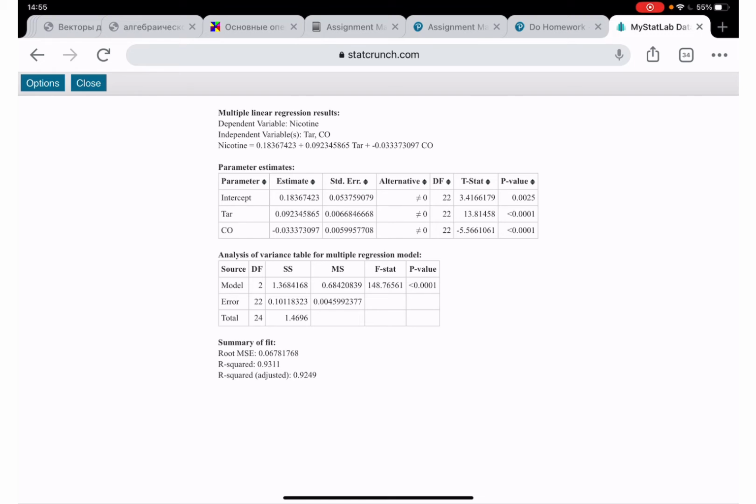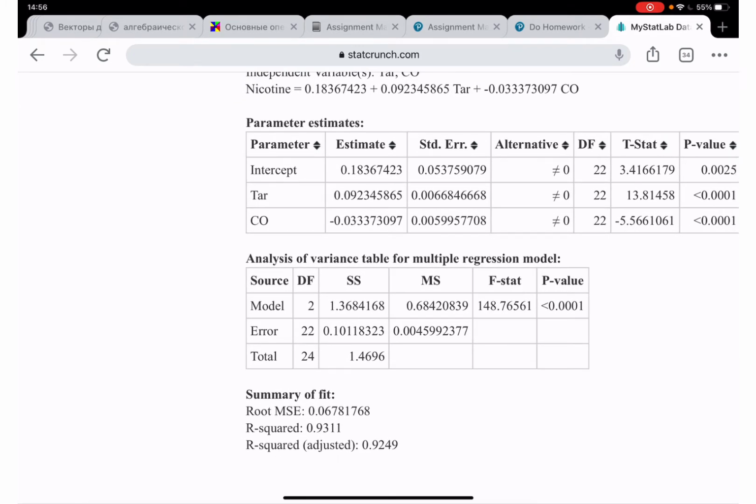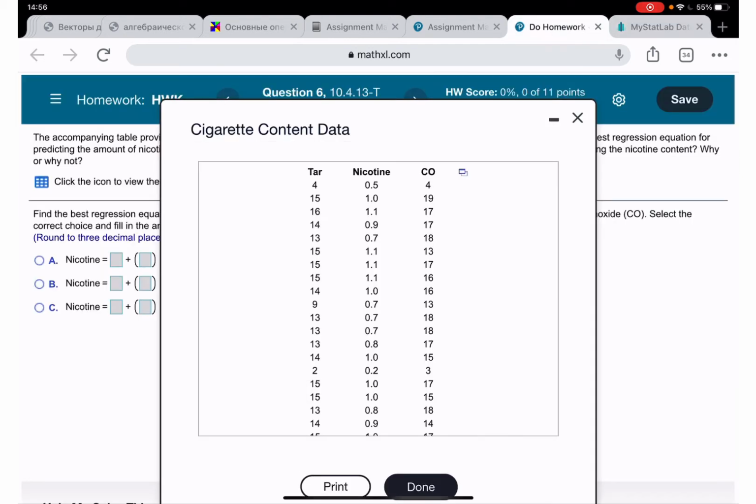There we have it. So what do we have here? Our intercept, as a parameter estimate, is 0.8183.